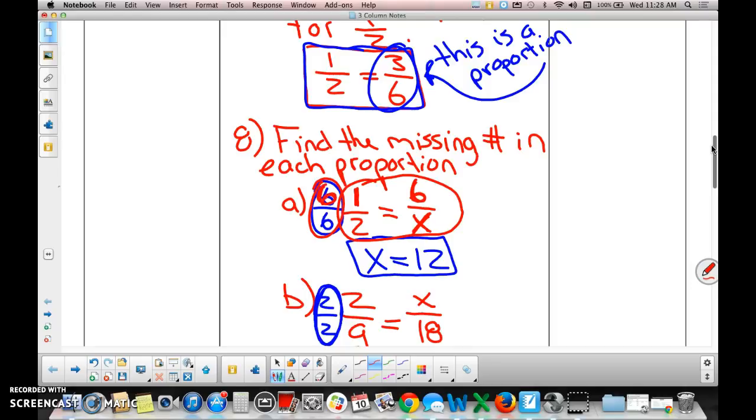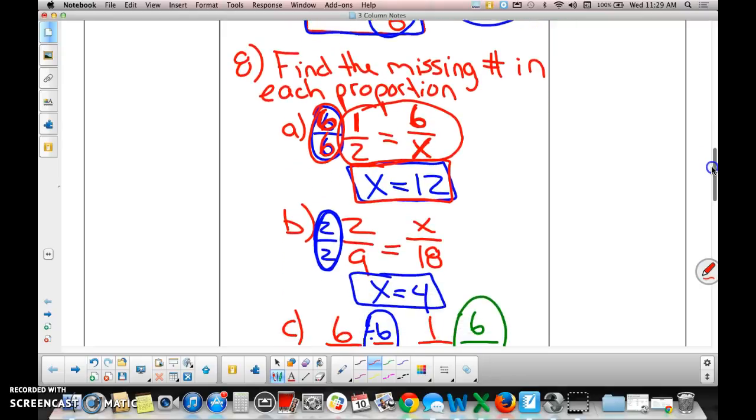Yes or no? Yes. So in order to go from 2 to x, we don't know what x is, right? So we're going to multiply by 6, because whatever you do to the top, you have to do to the bottom. And 6 times 2 is 12. So x equals 12, yes or no? Yes.